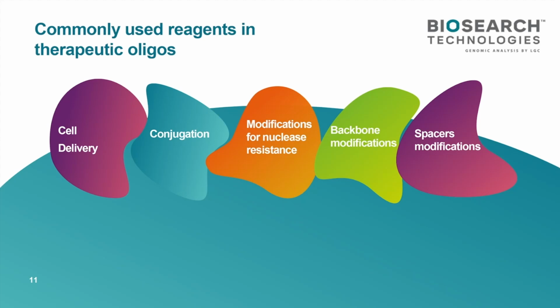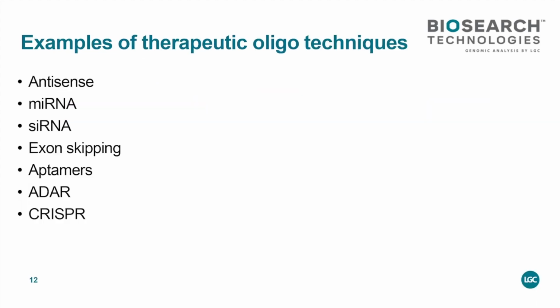So what you want to do is block it so the RNases do not recognize it in the human body. Backbone modifications like thiolation and spacer modifications for conjugation purposes. Examples of therapeutic oligo techniques are antisense, which is one of the oldest ones, mRNA, siRNA, exon skipping, aptamers, ADAR, and one of the latest technologies, CRISPR, which is gene editing.